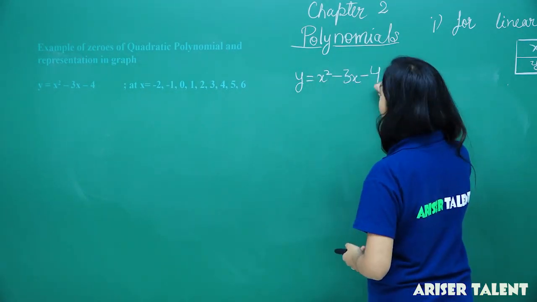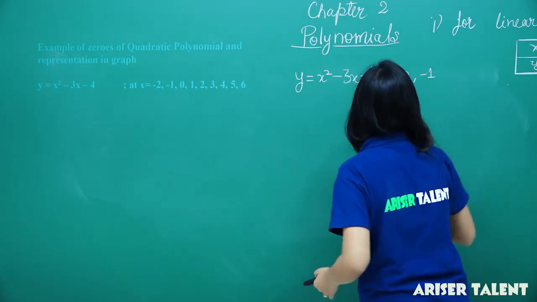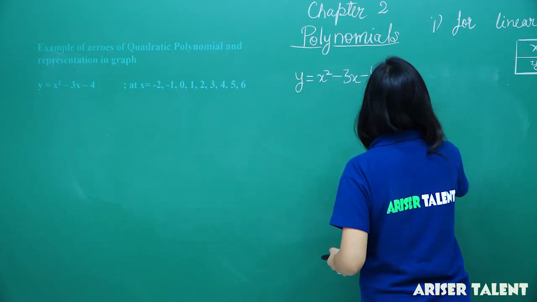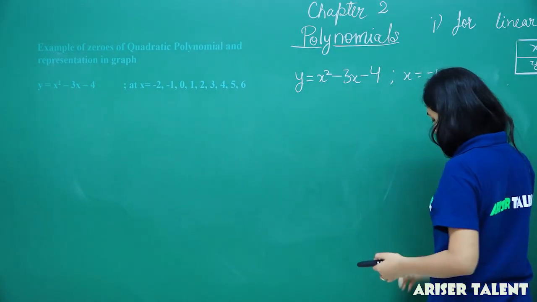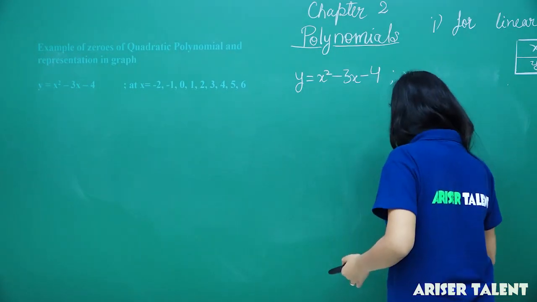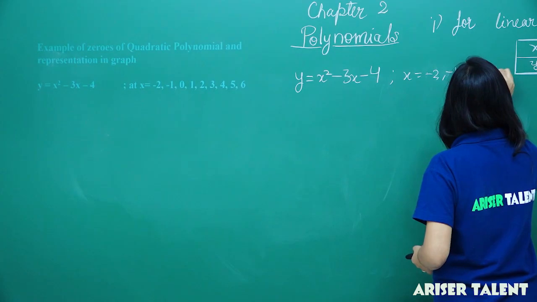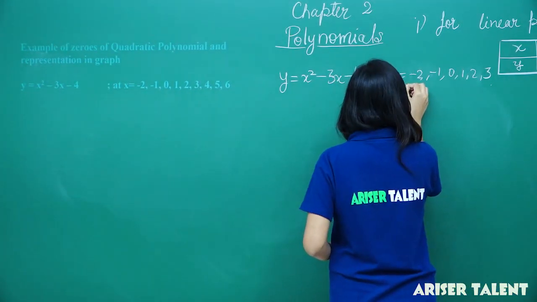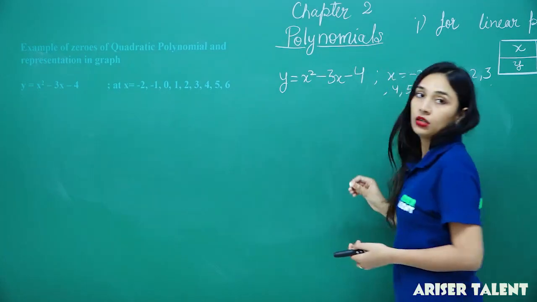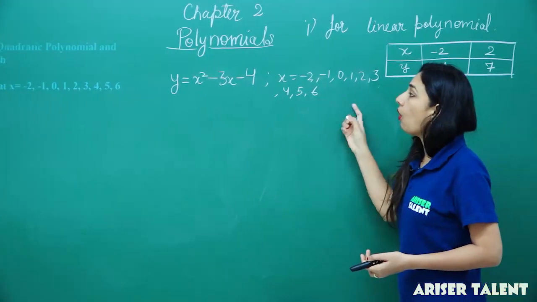And we have to find out the values from minus 2, minus 1, 0, 1, 2, 3, then 4 and 5 and 6. Okay, we have to find the values for these all.